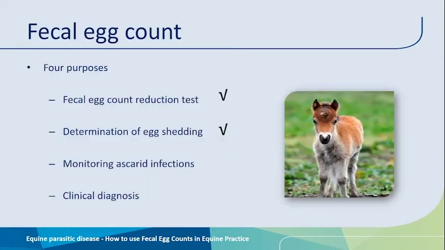For determination of egg shedding, the fecal egg count in adult horses and Strongyle egg shedding is very, very useful, and it's a useful tool for us to really target and tailor our parasite control program in those age groups.